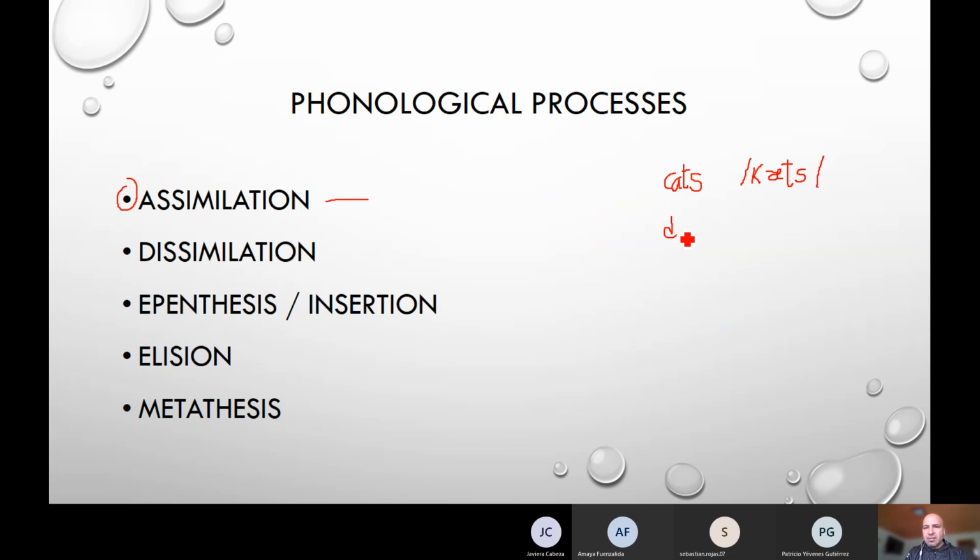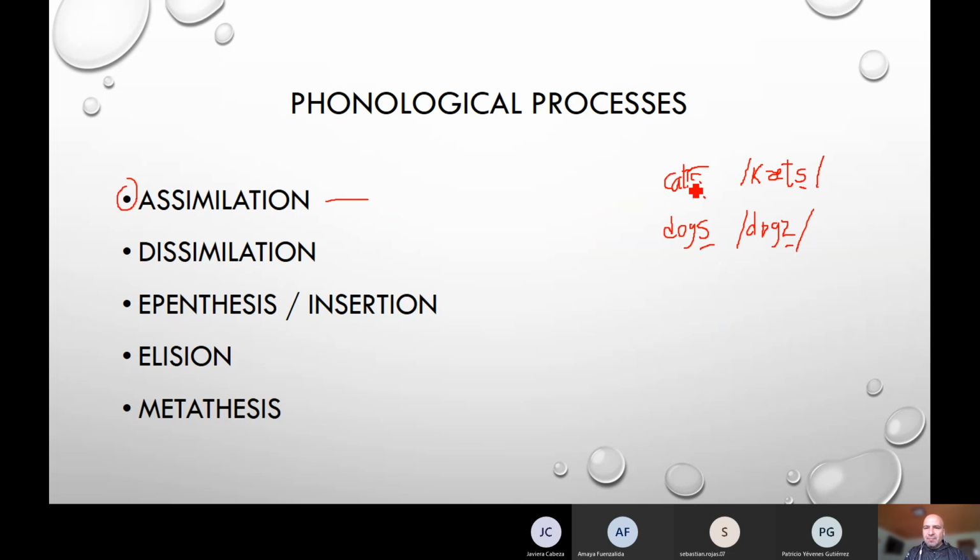But when you say dogs, we have essentially the same marker here for plural, right? But when we transcribe the word dogs, we know that this last sound in the first case is voiceless, whereas in the second case is voiced. We say cats, but we say dogs.